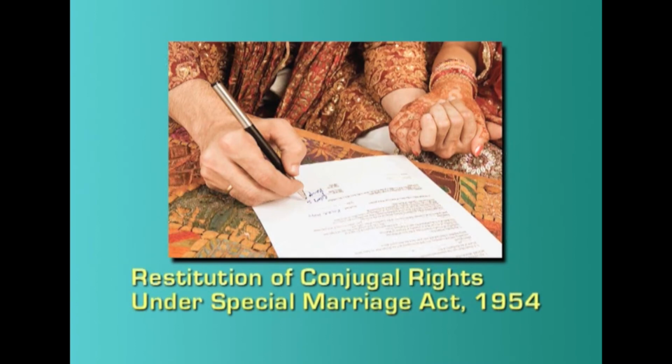Under Special Marriage Act 1954, the provisions for RCR under Section 22 of the Act are identical to Section 9 of the Hindu Marriage Act 1955 and are applicable to married persons irrespective of their religion.